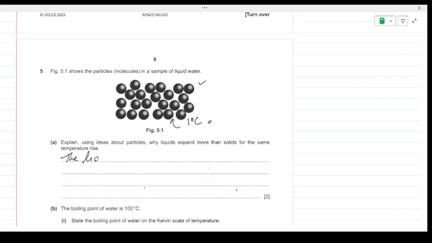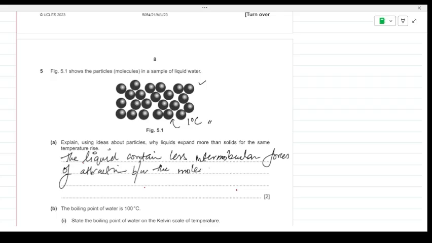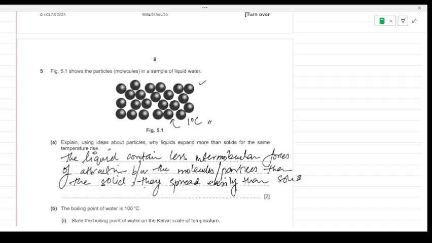The liquid expands more than the solid because the liquid contains less intermolecular forces of attraction between the molecules or particles than the solid, so they spread easily and gain velocity and kinetic energy faster than the solid.